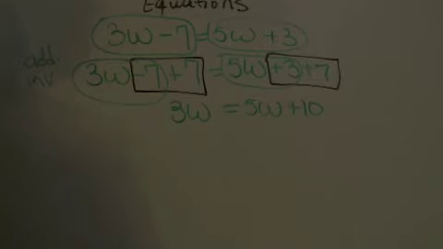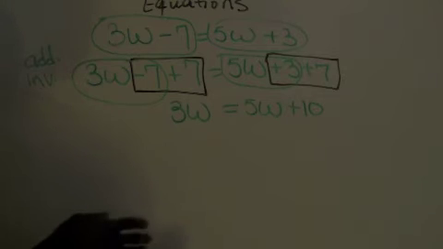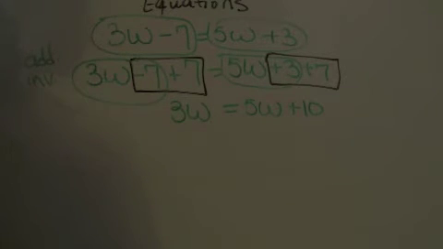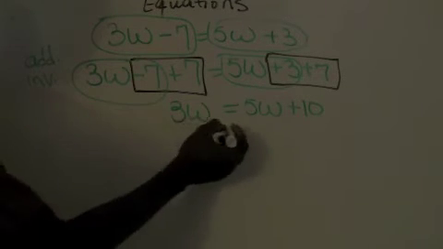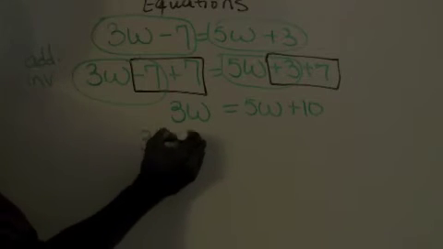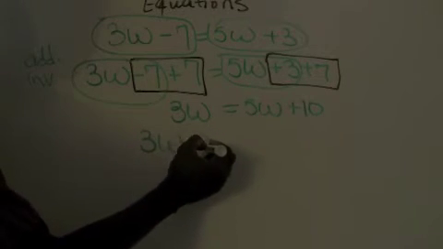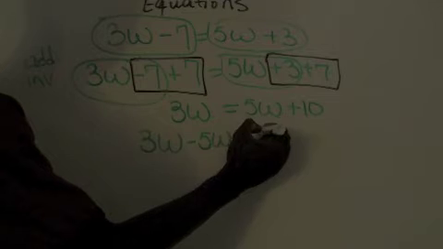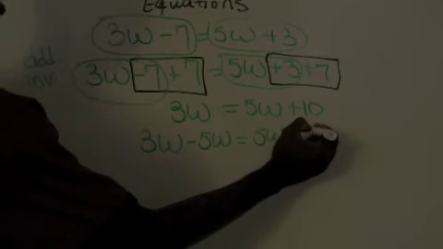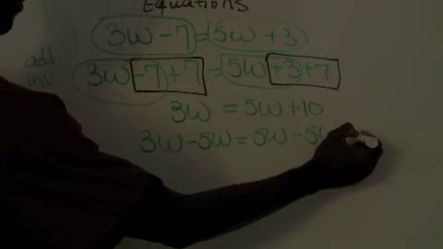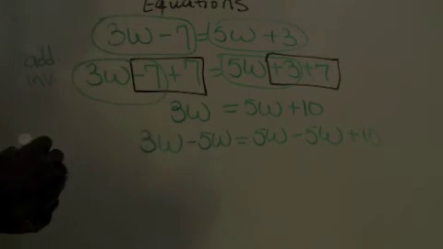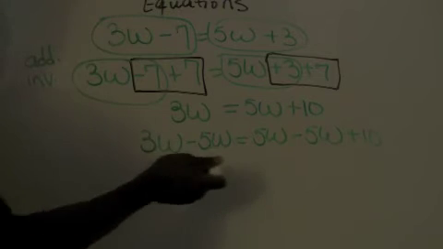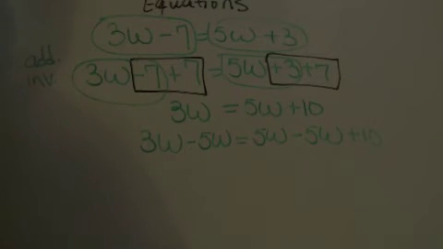Similarly, we're going to apply the additive inverse again. At this point, however, we're going to apply the additive inverse of 5w, which means we're going to bring this down as it is, 3w, and we're going to have minus 5w. The reason is because we know we have 5w here, well, a minus 5w and plus 10. Notice that part is a bit longer. That's because this has one side and this had two, and I'm adding the same thing on both sides.